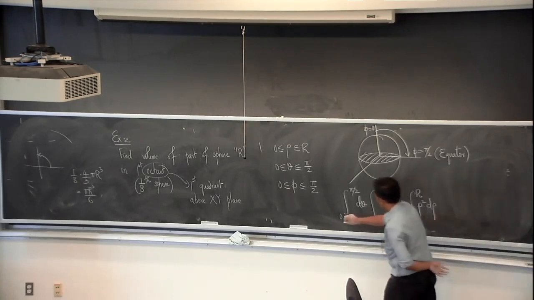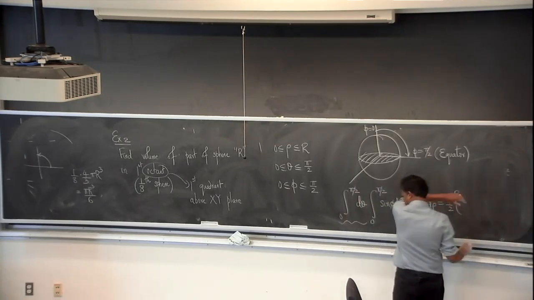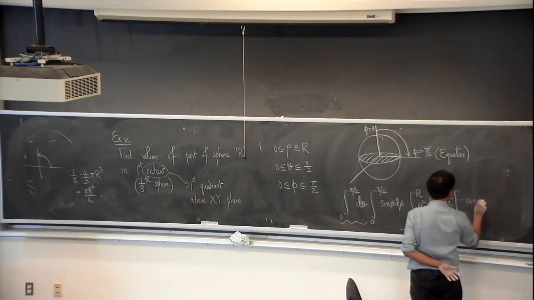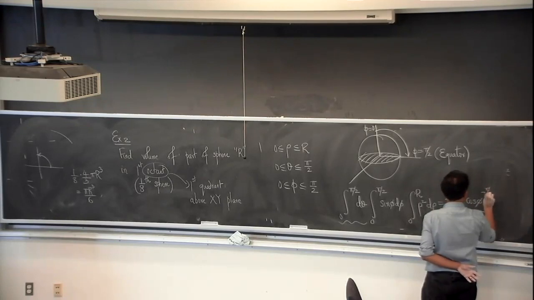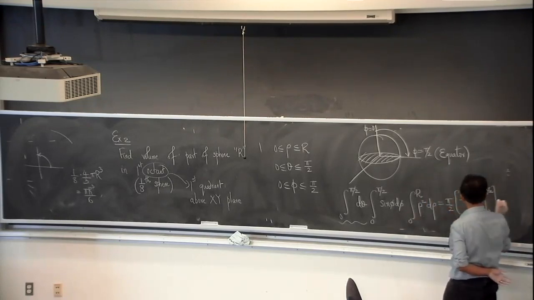The first term is pi over 2, times the integral of sine, which is negative cosine, from 0 to pi over 2, times rho cubed over 3, which is r cubed over 3.